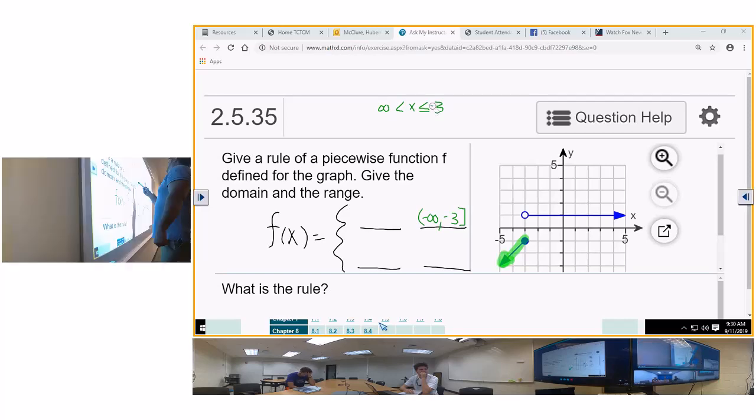If you wrote it in interval notation, it would be that. Everybody see it? Okay, either one. I don't care on a test, but on the homework, it may want you to write something different.